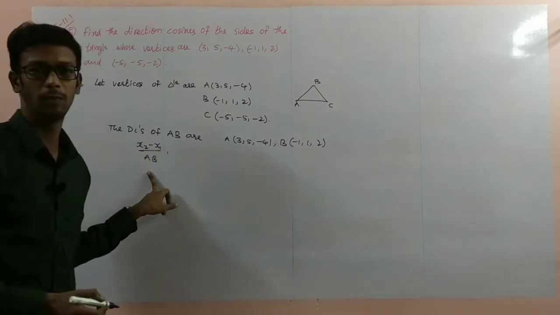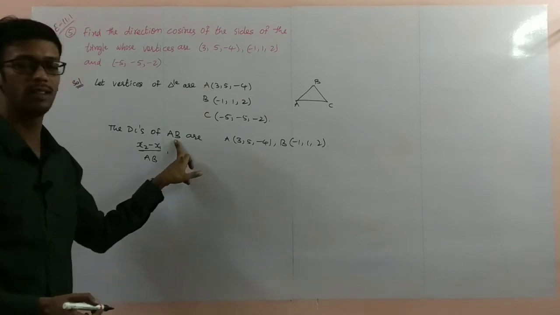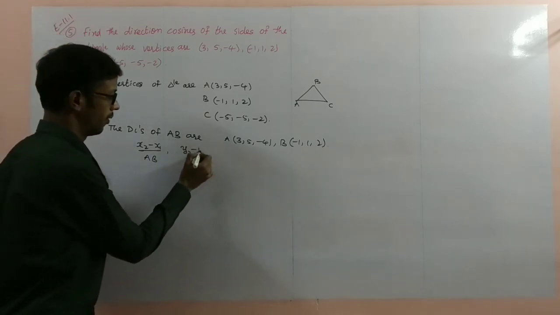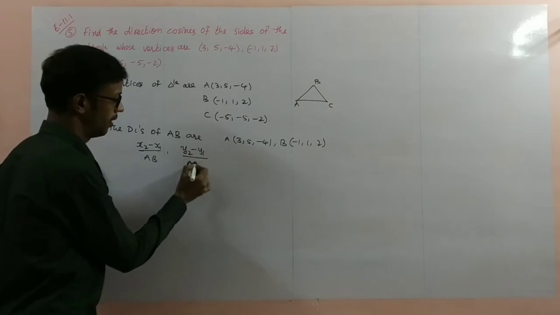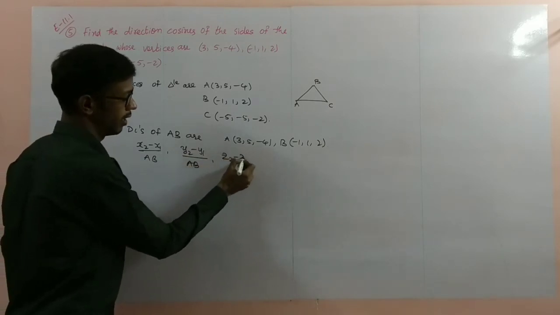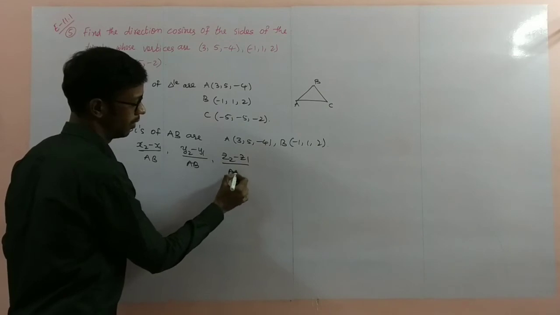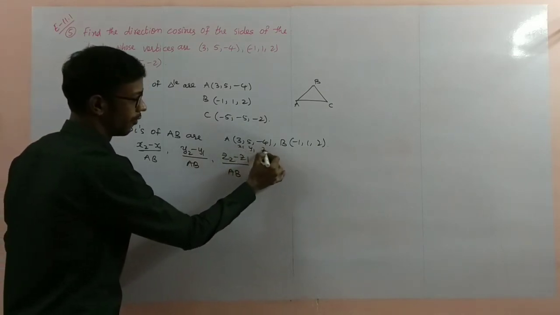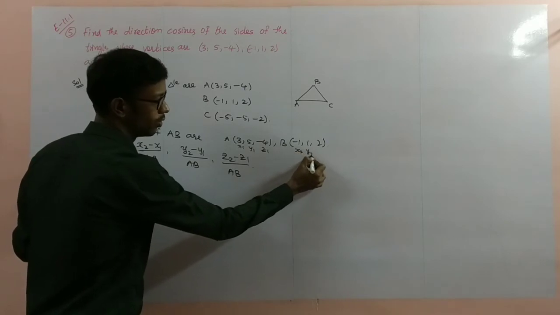y2 minus y1 by AB, z2 minus z1 by AB. Here x1, y1, z1, x2, y2, z2.